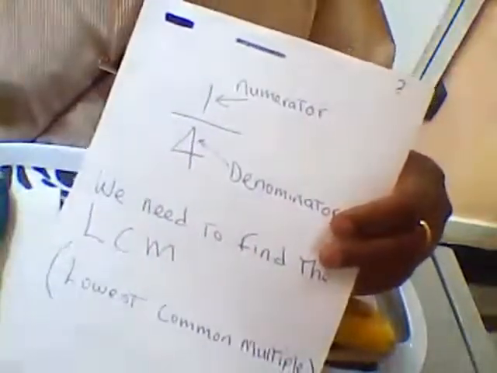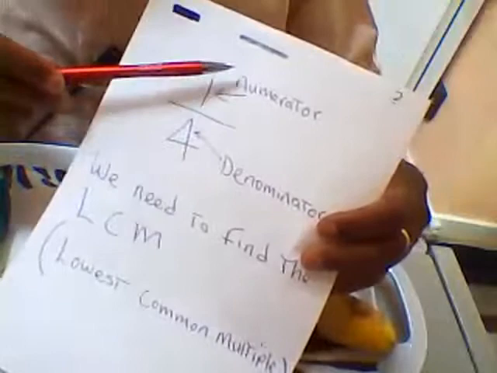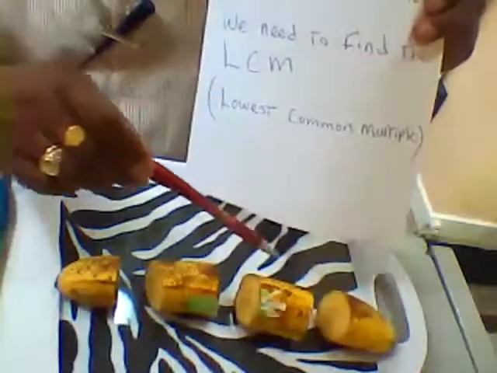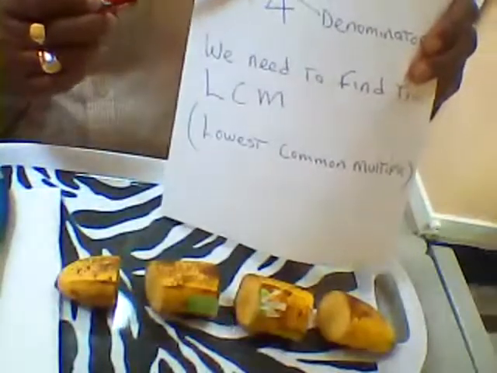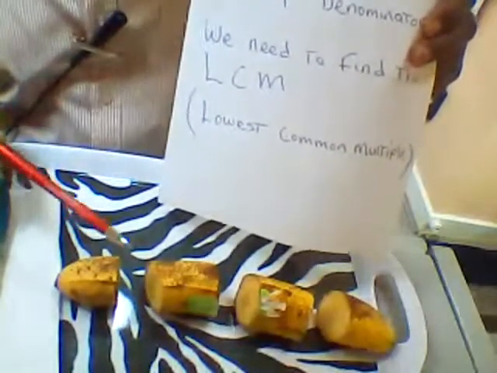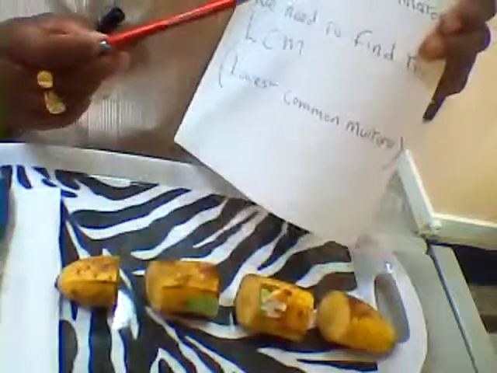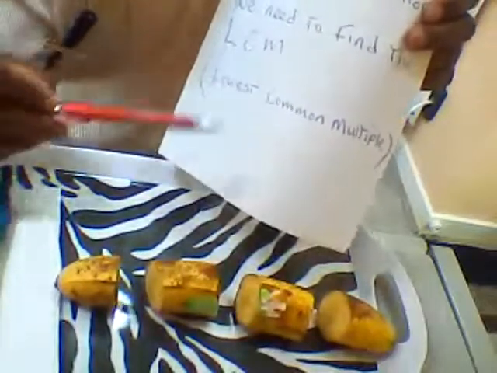So you can see here our quarters now. So that's how one of these would be represented, as a quarter. So we have 1/4, 2/4, 3/4, 4/4. Now, each of these is 1/4, okay? So we need to find the LCM.